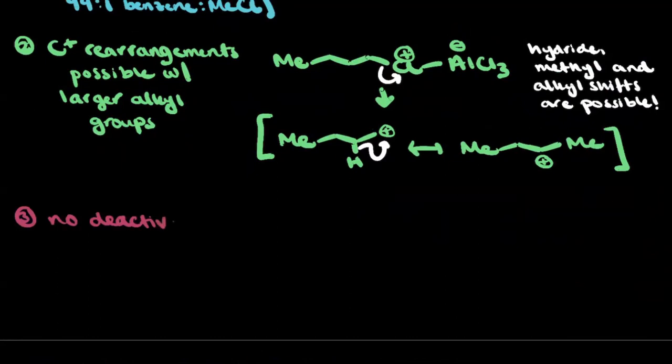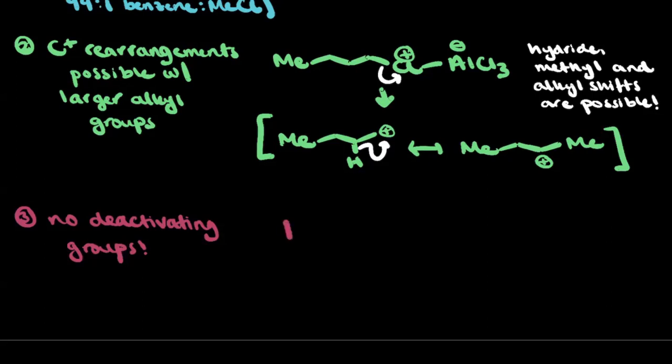Okay, so if you have some sort of a deactivating group present on your aromatic ring, then that's really going to make that reaction much harder to occur, right? Any reaction will be slowed down, but the Friedel-Crafts reactions are so slow and generally hard to react that they will actually not react if you have any deactivating groups present on your ring.